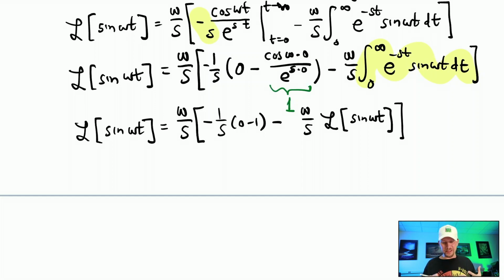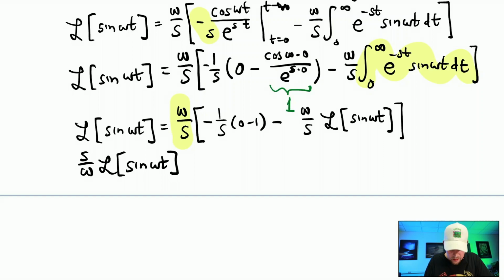Notice that one of the things that we actually have here now, even though it looks kind of nasty, and it is nasty. In fact, let me go ahead and simplify this equation just a little bit. One of the things that I can do is multiply both sides here by s divided by omega to move it to the opposite side. So here we have s over omega, the Laplace transform of sine omega t.